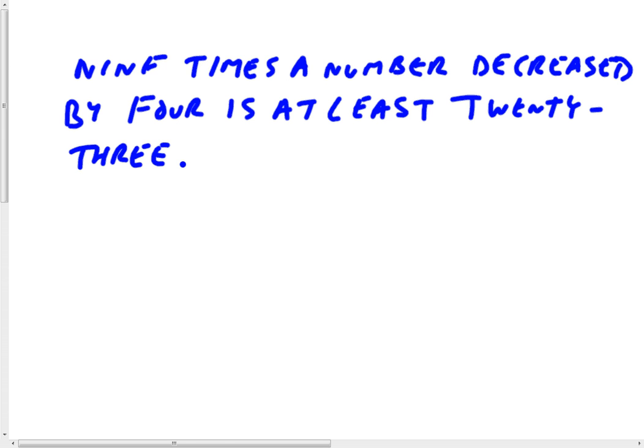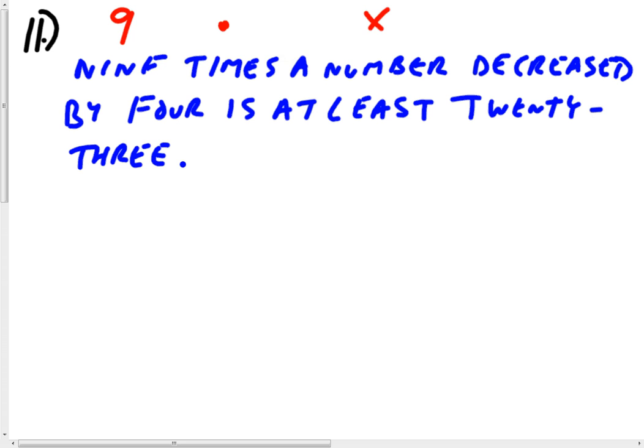Question 11. Before you write out the equation or the inequality, just write it above the letters and the numbers that are inside the actual statement. So I'm going to write 9 right here. What does times mean? Multiplication. What do we put for a number?